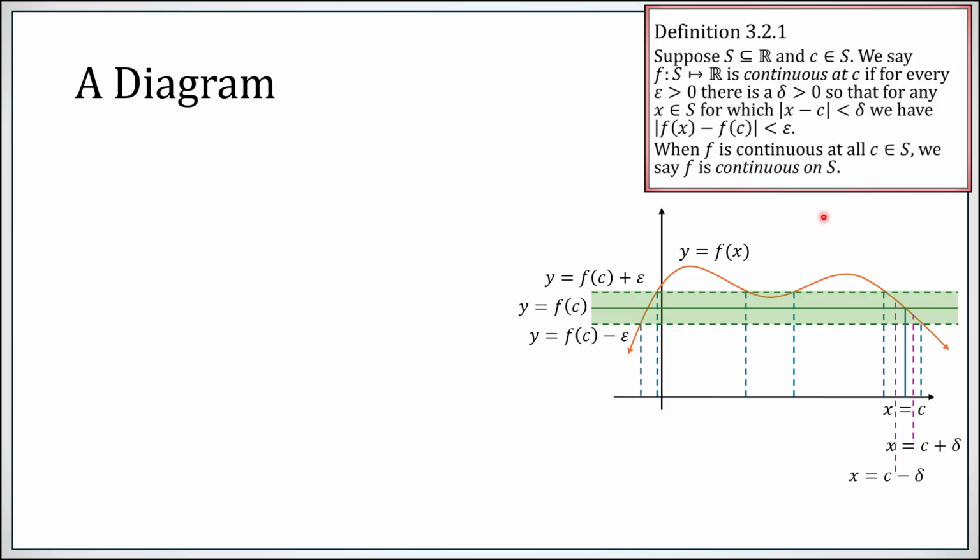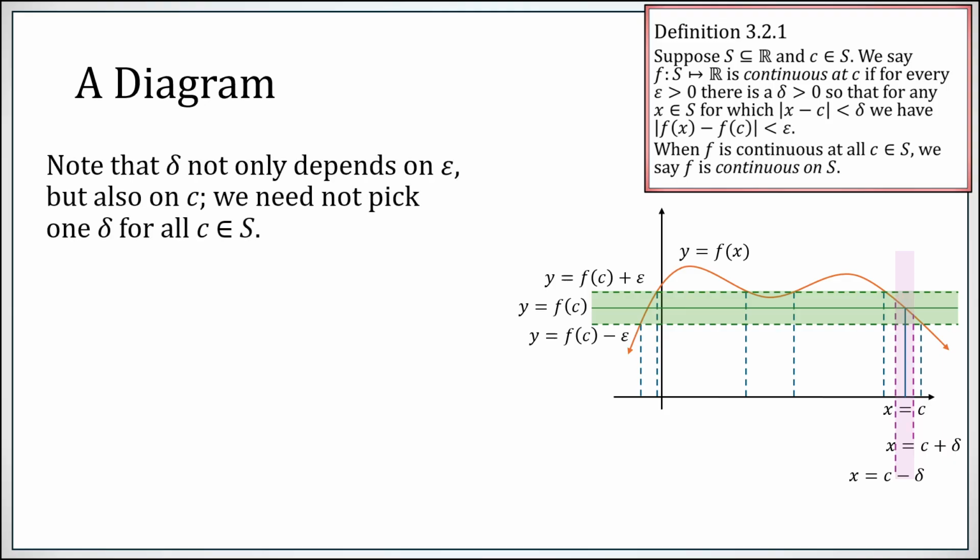And if I look closely just near x equals c, if I pick a little delta given by these purples, so x goes from c minus delta to c plus delta, we observe that if the input is taken from this purple region, the output is guaranteed to be in the green one. So it didn't matter what epsilon we picked, we found a corresponding delta, so that if we are within distance delta of c in the domain, then we are forced to be within distance epsilon of f of c in the range.